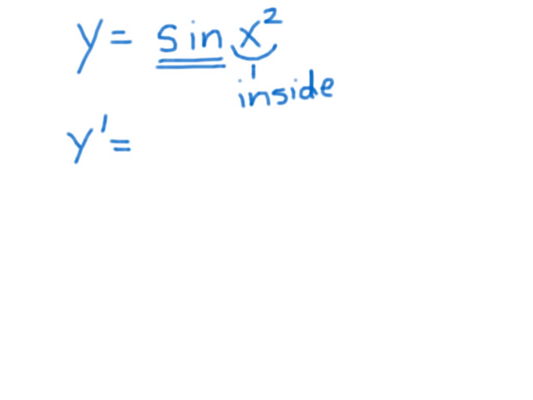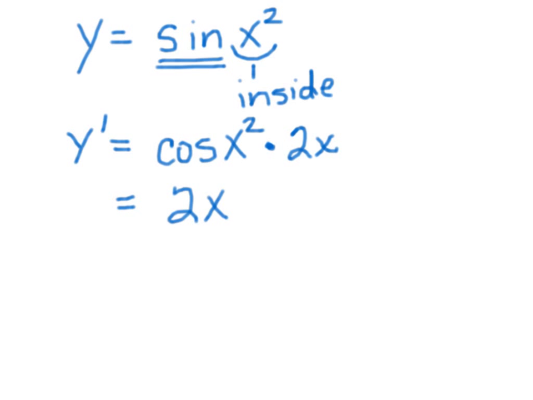So the derivative of sine is cosine. Now leave alone the x squared. Then we're going to multiply by the derivative of x squared, which is 2x. And I'm going to rearrange so that we avoid the temptation of multiplying x squared and 2x. This is y prime.